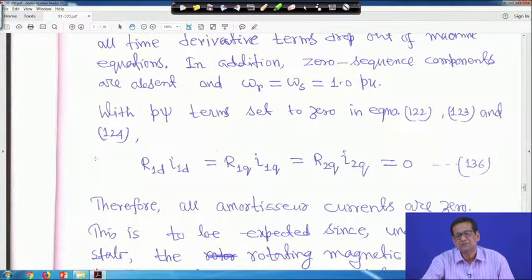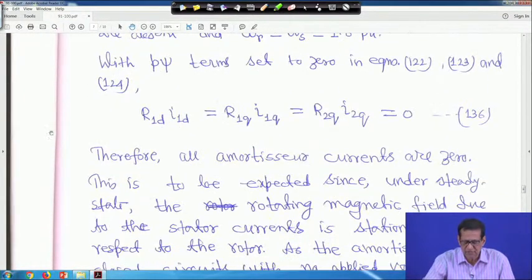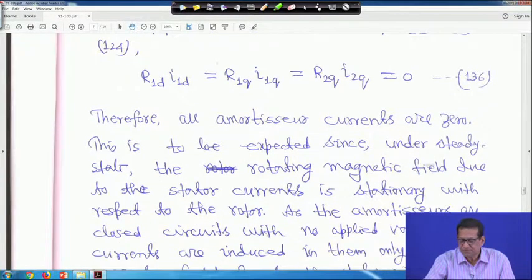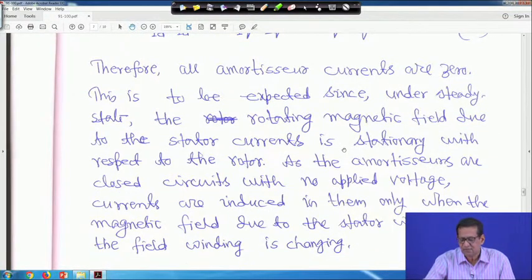That is, the p psi terms are dropped, because at steady state psi dot is 0. Therefore, all armature currents are 0. This is to be expected, since under steady state the rotating magnetic field due to the stator current is stationary with respect to the rotor.